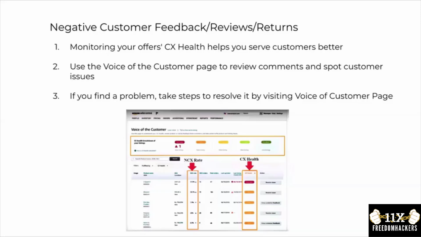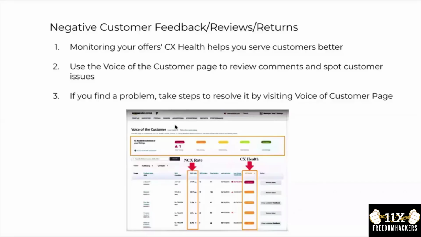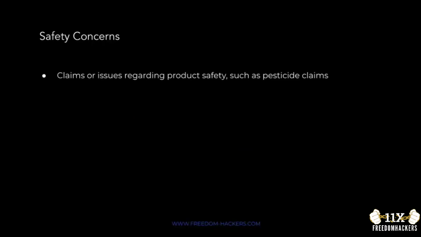So if they are saying that, oh, it was just crappy quality or whatever, then it's going to be an issue for the seller, right? Because obviously Amazon doesn't want to deal with any returns, or I mean, they want to have as few returns as possible, right? So if you find a problem, then just take the steps to resolve it on this page.